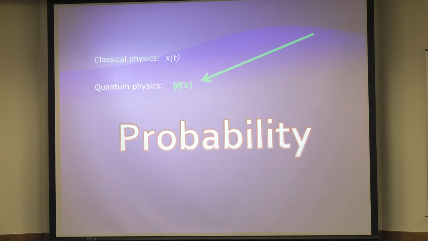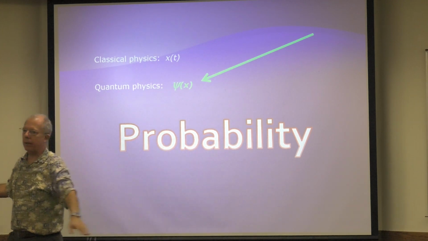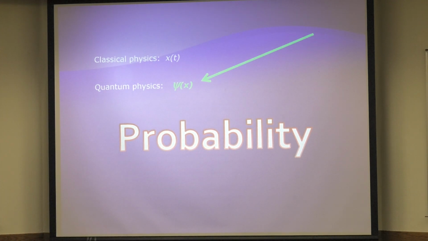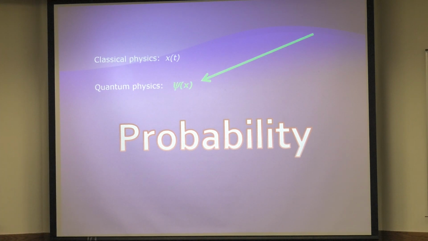This wave function contains all the information that is available for the particle you're dealing with. Any physical property of a particle can be determined once you know the wave function. You can figure out the location, where it landed, the probability that is.